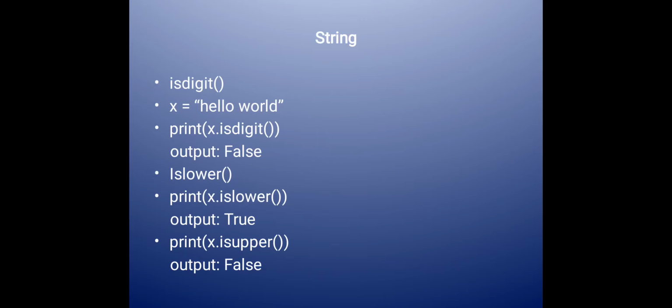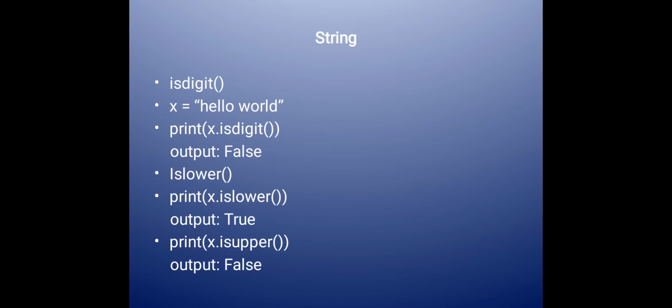Then islower. Islower is used to check whether the given input is in lowercase or not. So print x dot islower, the output is true because in our case our string is hello world with all small case letters. Otherwise the output will be false.